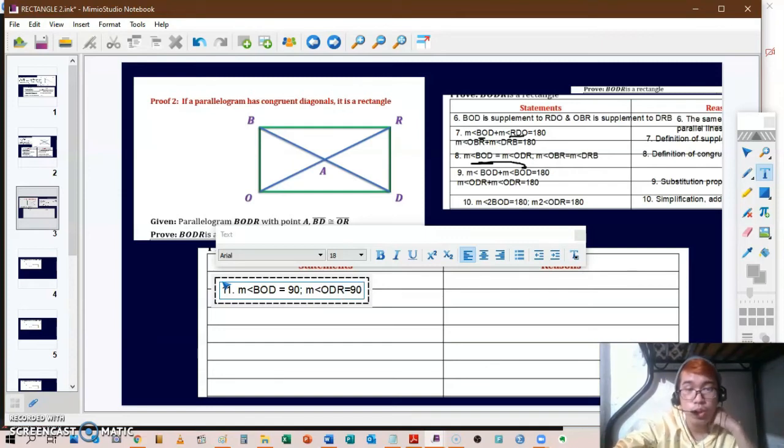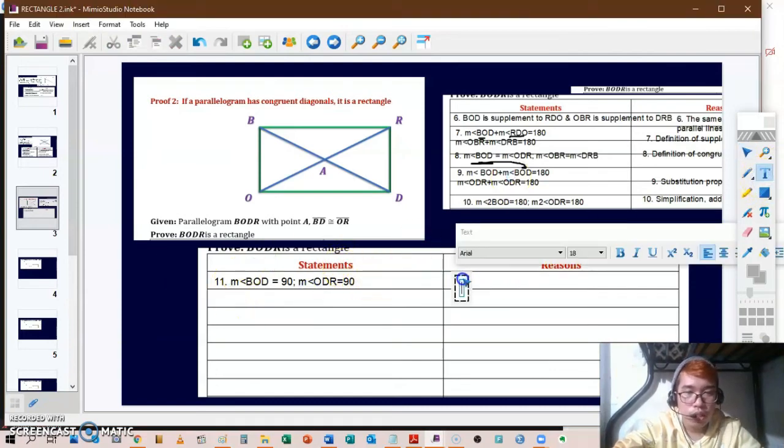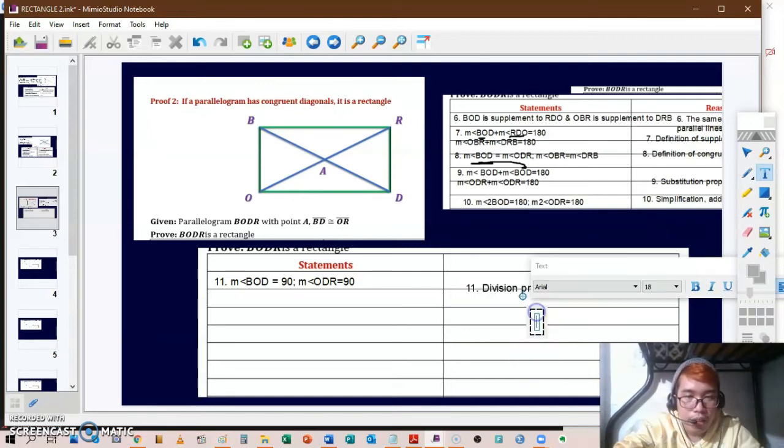And also using the substitution property of equality, we've shown that BOD and ODR are equal to 90 degrees. Using the division property of equality for this statement.